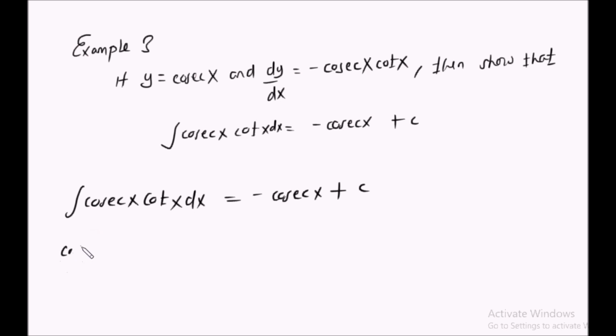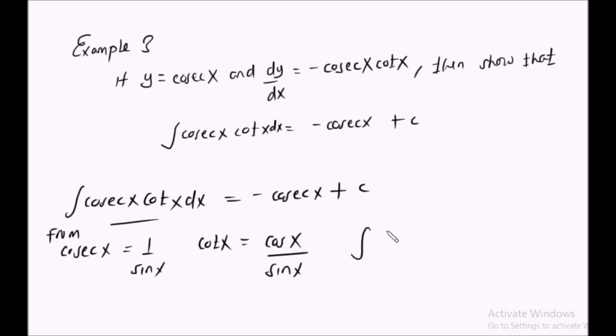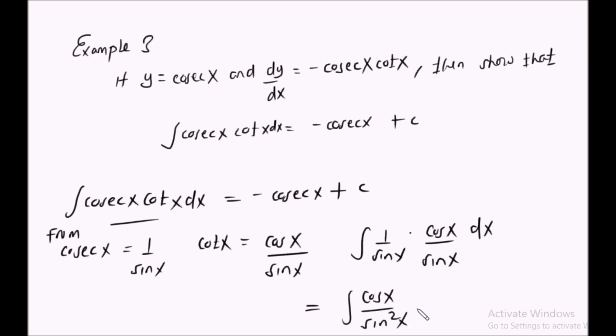So cosec x tunajua sasa na 1 over sin x na cot x tunajua ni sasa na cos x over sin x. Kwa hiyo kumbe hii integral naweza nikaandika hivi 1 over sin x yani ndo cosec times cos x over sin x yani ndo cot x dx. So hiyo ni sasa tunasema cos x over sin squared x dx.